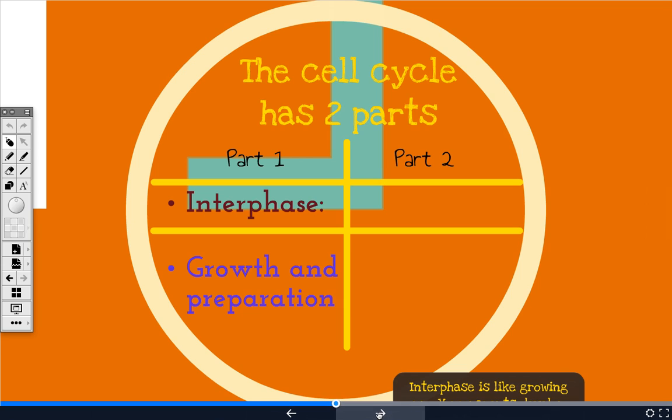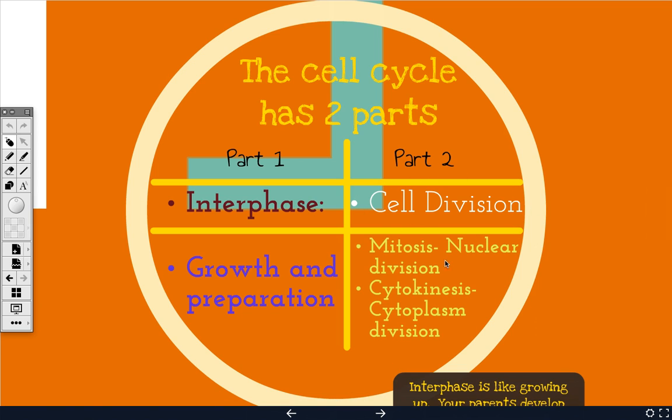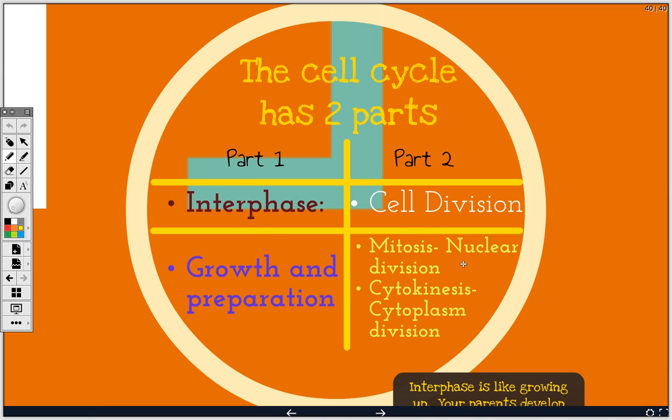For part two, write down cell division, and it has two parts. One is called mitosis, which is nuclear division. The next part is called cytokinesis, and that's where our cytoplasm divides.